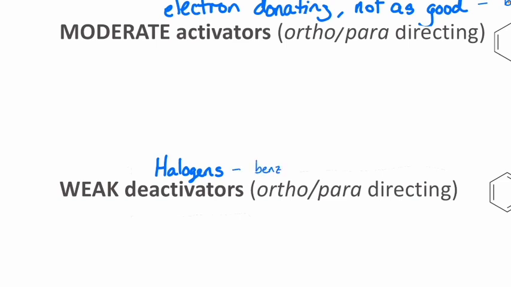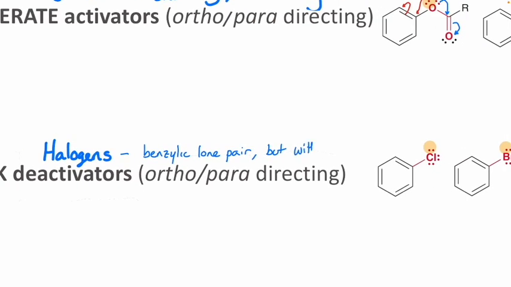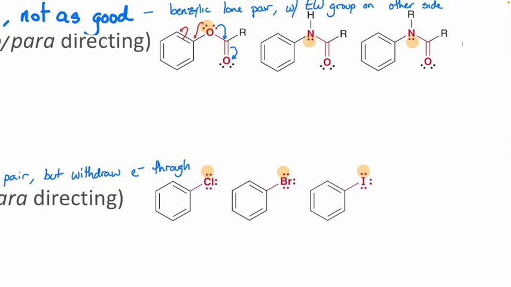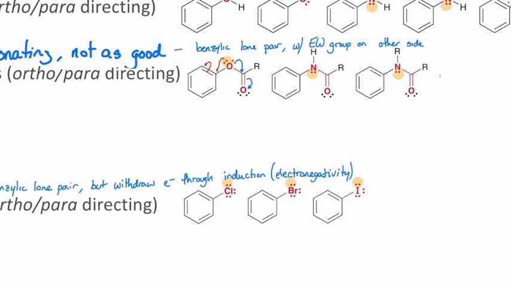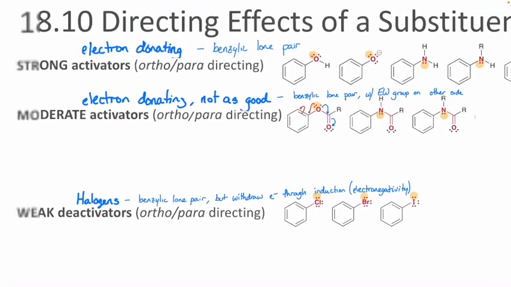They have a benzylic lone pair, but withdraw electrons through induction. Which is what we call it because they're electronegative. All right, so it's through their electronegativity that this induction effect is observed.